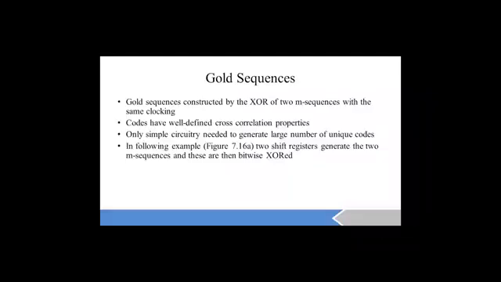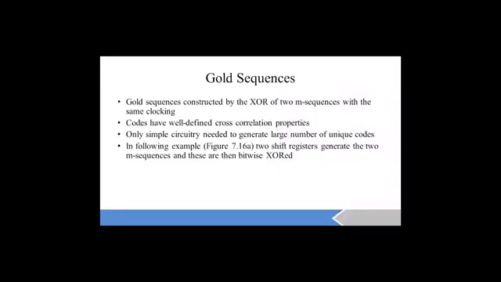Now let us discuss an important topic which is known as gold sequences. M sequences are easy to generate and are very useful for frequency hopping spread spectrum and direct sequence spread spectrum systems, but not for CDMA.